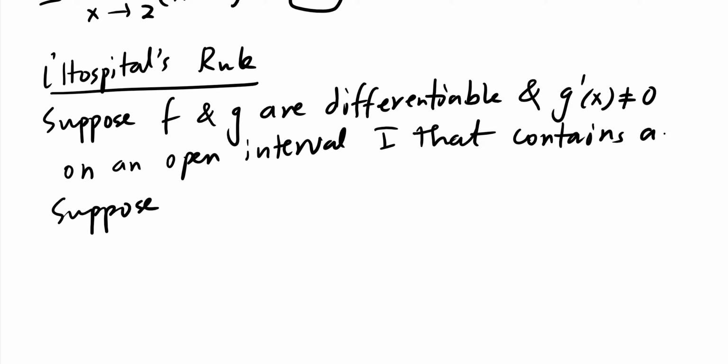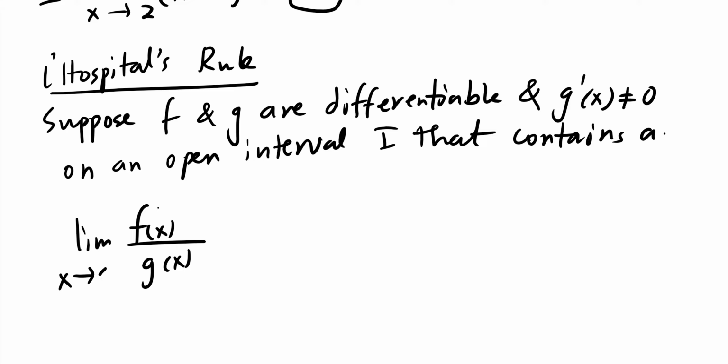Let me write it in a different way. Let's say we are trying to find the limit of f of x over g of x as x approaches a, and we get either 0 over 0 or plus or minus infinity over plus or minus infinity. If we get either of these 2 forms, those are indeterminate.